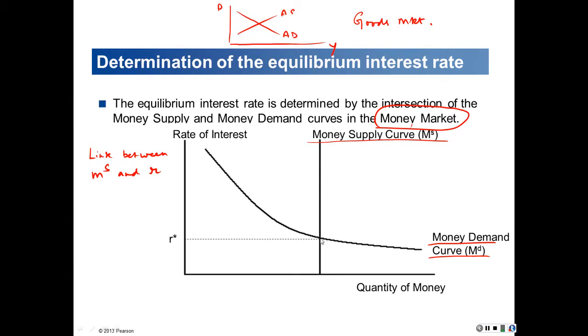And that intersection happens right there. So this is where we have equilibrium in the money market. And that equilibrium gives rise to an equilibrium interest rate. So this is going to be the equilibrium interest rate.